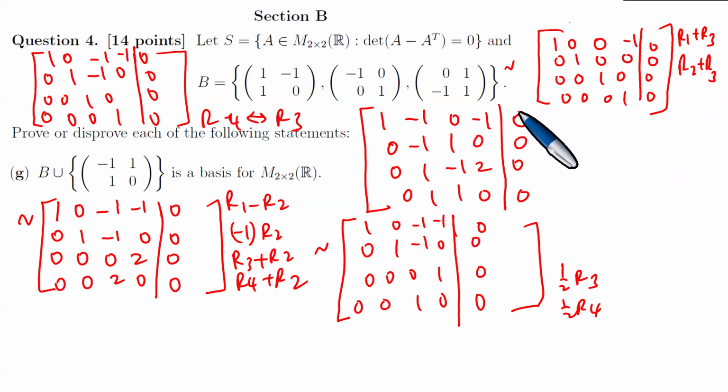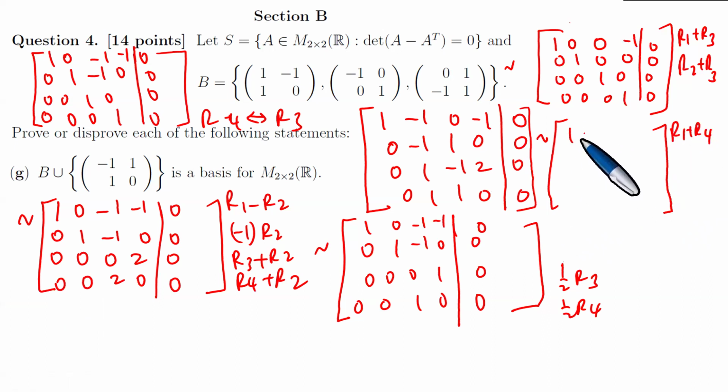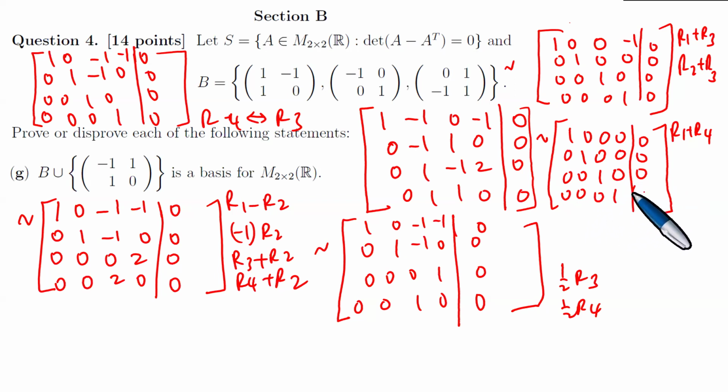Need to squeeze this one. I could move on, but I need to just squeeze this one here. Right, squeezing that there, you're going to just need row 1 plus row 4. 1 0 0 0 0 0 1. Okay, it's already working. 0 0 0 0 0 1 0.